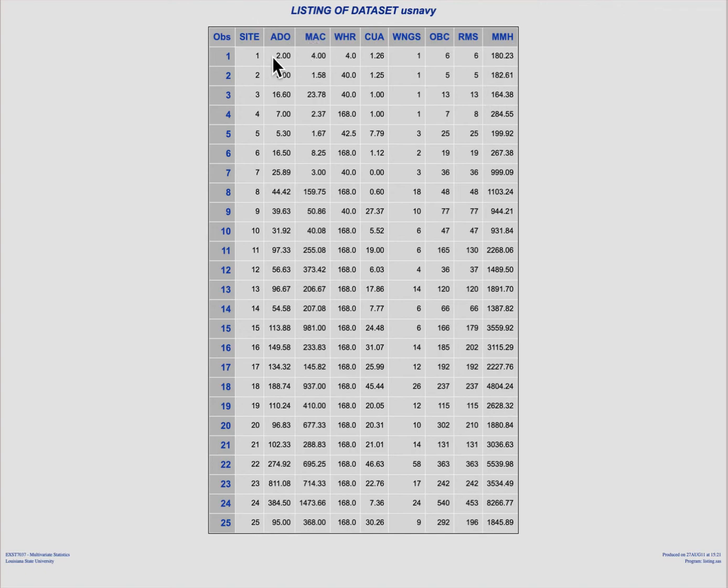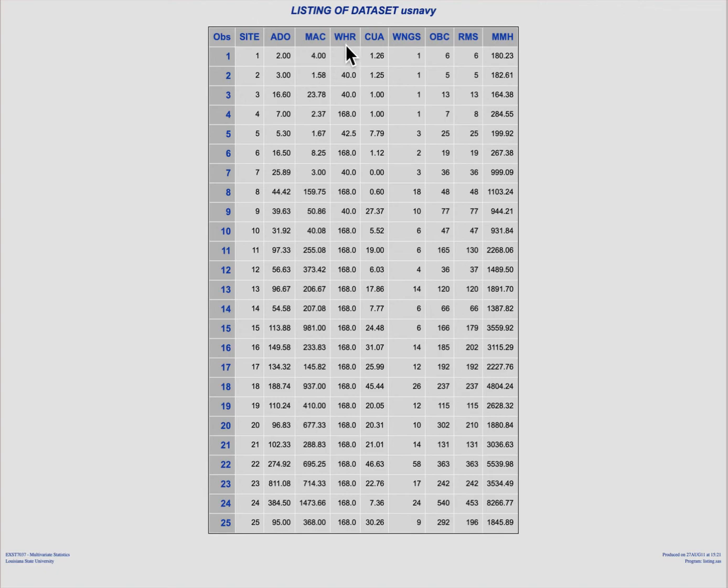Let me just give a description of these variables. Overall, this data set is data that's collected in an attempt to estimate manpower needs for bachelor officers' quarters. The variable ADO is the average daily occupancy. The variable MAC is the monthly average number of check-ins.